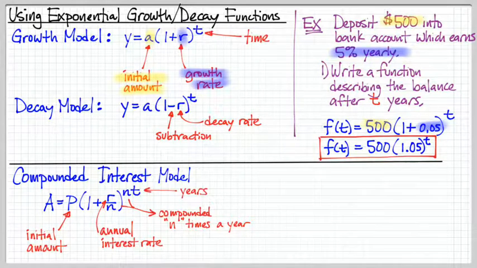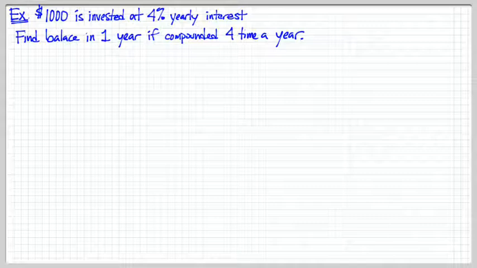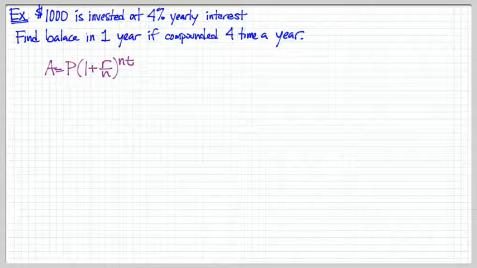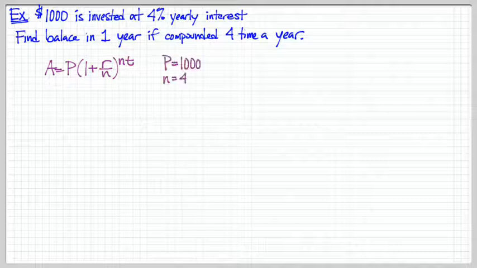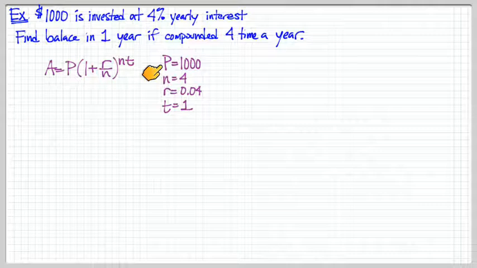So in this example, we have a principal of $1,000 that we start with, earning interest at 4%, compounded 4 times a year. If we create all of our variables, we have our principal as 1,000.